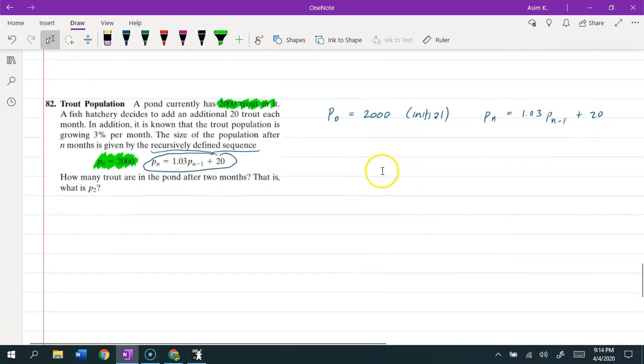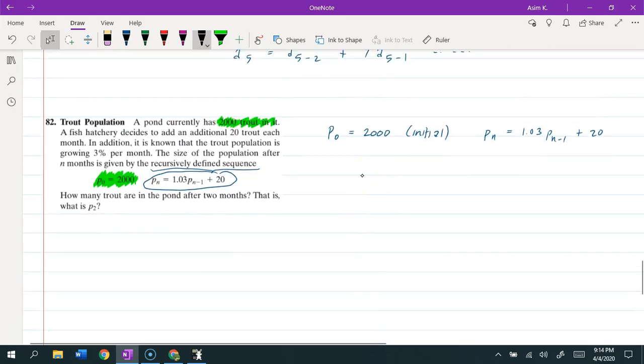So over here, when it says P sub n minus 1, here's how I understand it right away. What they're really saying is if you want to find out the population of the trout this month, all you need to do is take 1.03 and multiply it to the amount of trout in the previous month and add 20 to that amount, and you'll be done with it. Okay, so that's really how I read these.